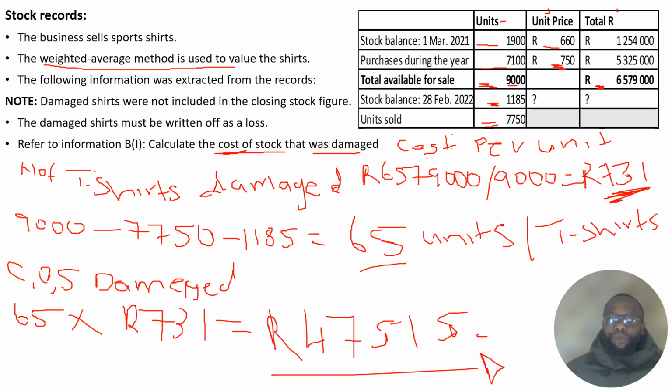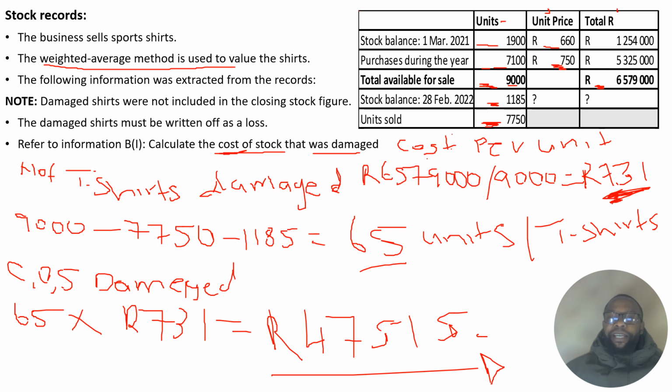If they asked you to calculate the cost of goods sold, there is a unit sold of 7,750. You multiply 7,750 by that average cost of 731. That is the weighted average method.